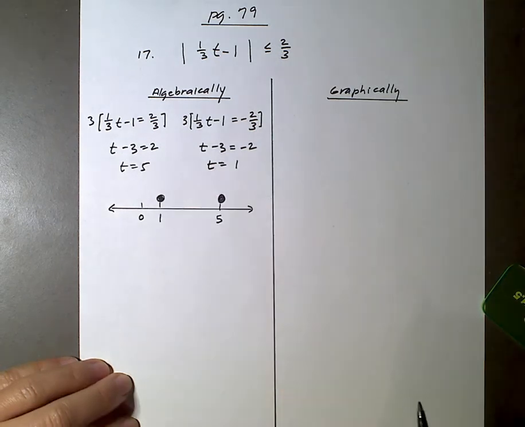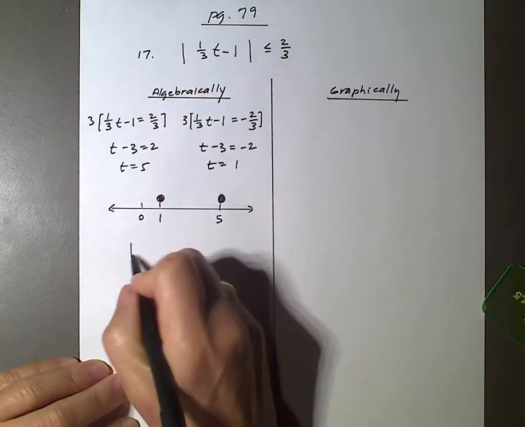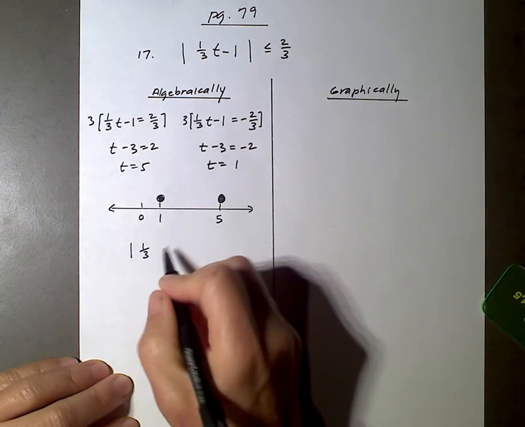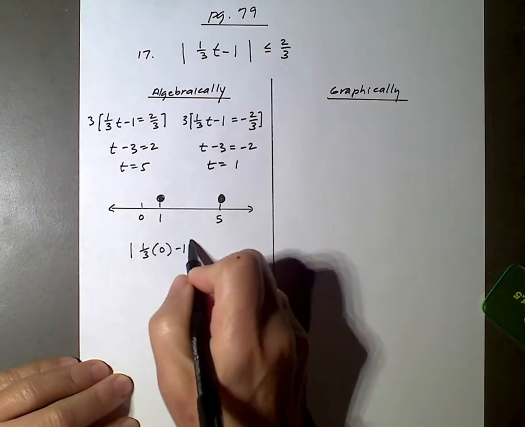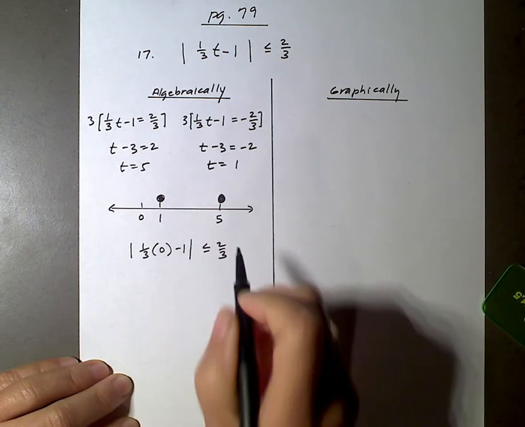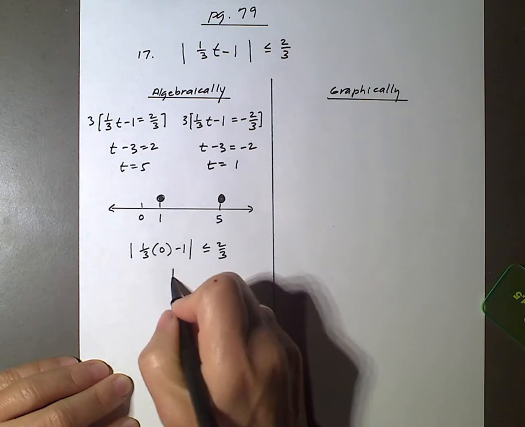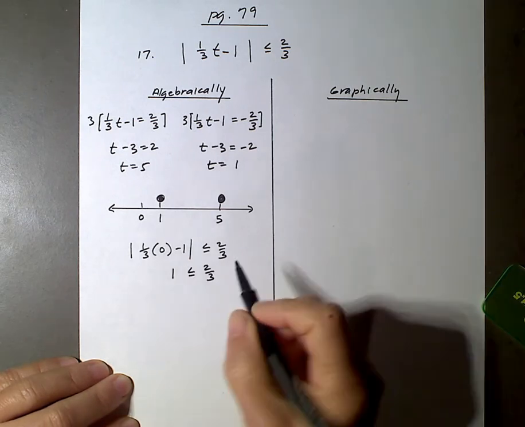Okay, an easy value to test in the original inequality is substituting in a 0 for t. And as you can see, if I have 1/3 of 0 minus 1, the absolute value of that expression is that less than 2/3. This is a 0. Absolute value of negative 1 is 1. And 1 is not less than 2/3.